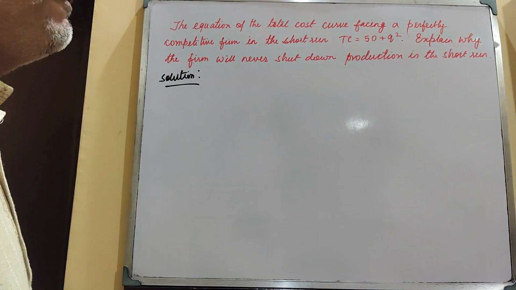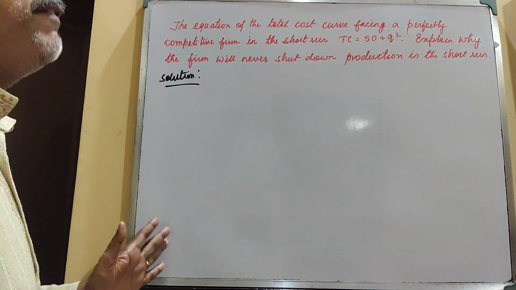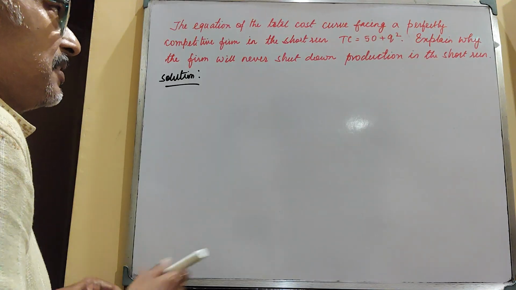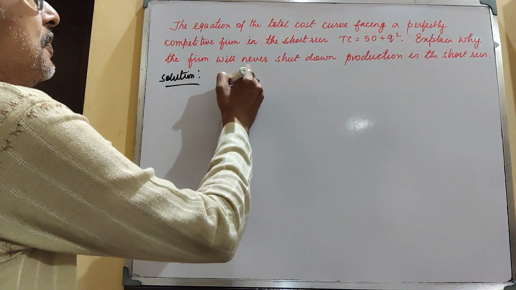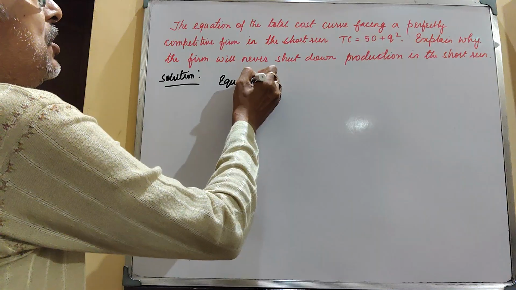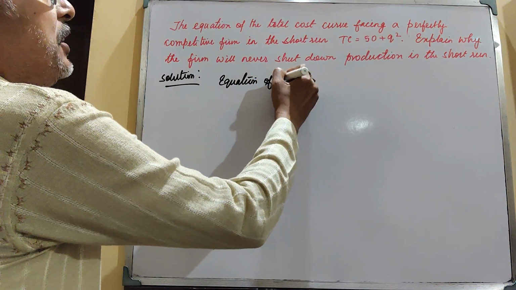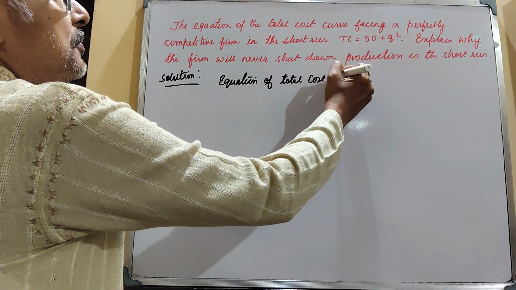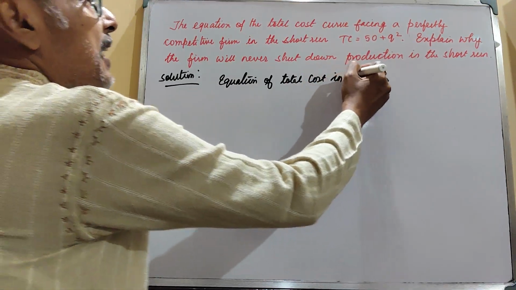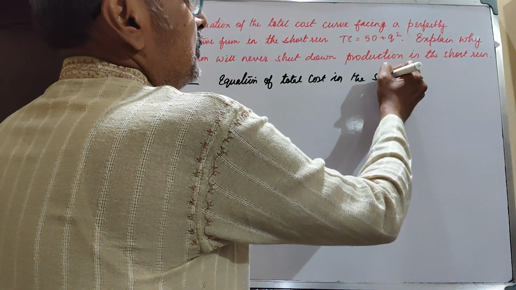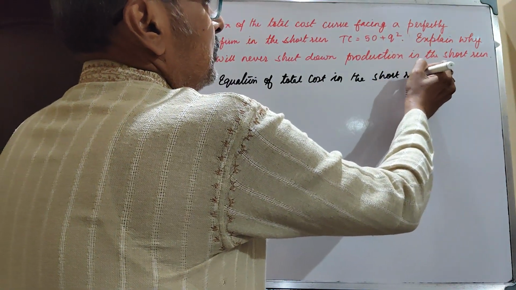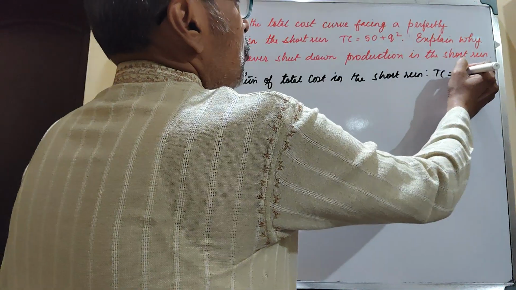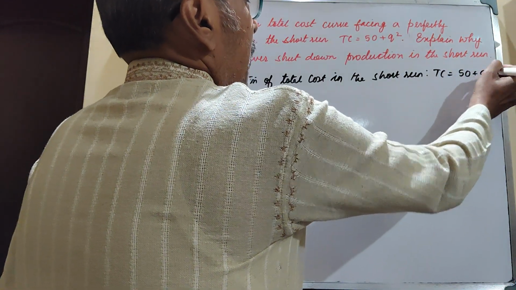In the short run, we know at least one factor of production is fixed. The equation of total cost in the short run is TC equals 50 plus Q squared.